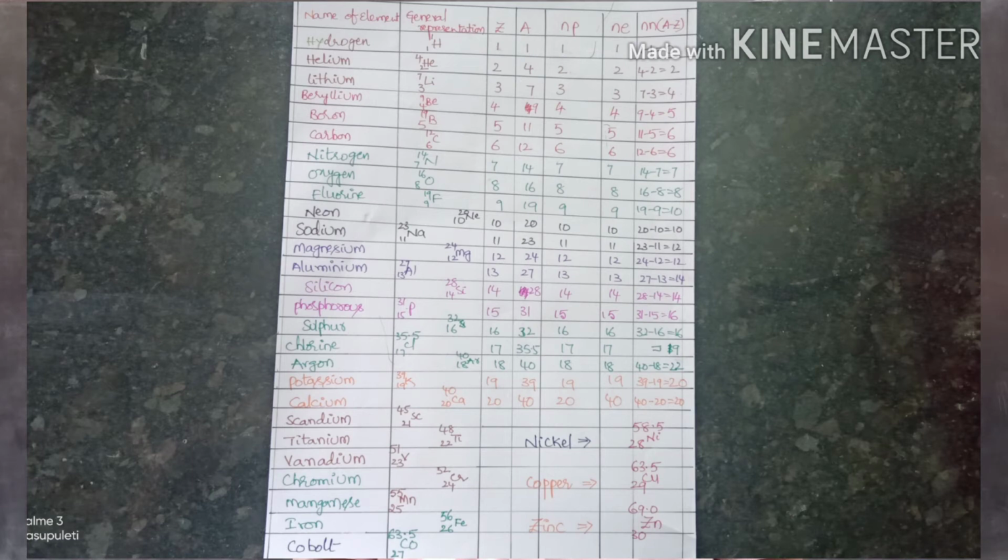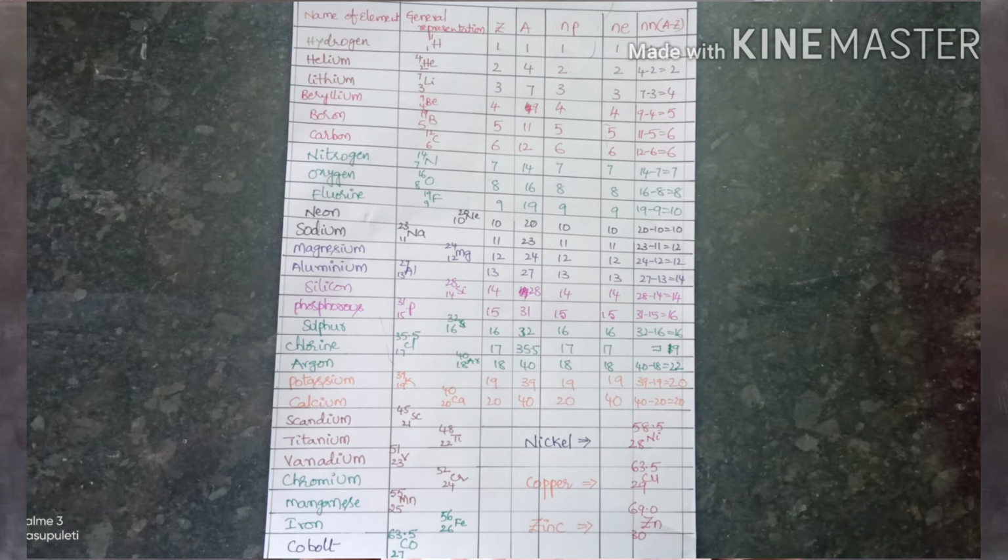So its representation is S1632. Chlorine Cl1735.5, its atomic number is 17, mass number is 35.5. Argon, its representation is Ar, atomic number is 18, mass number is 40.